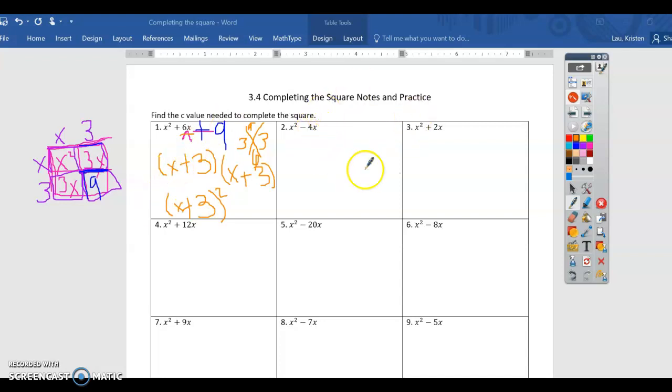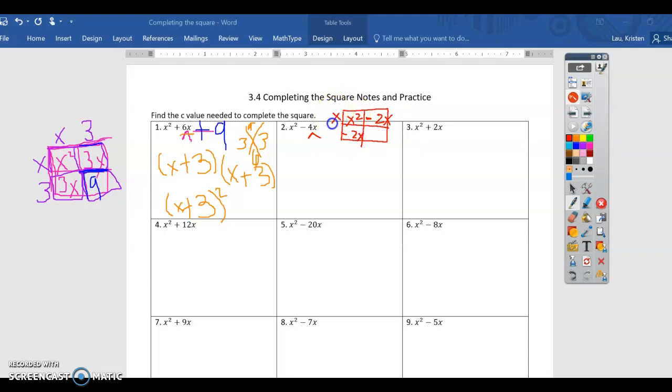Okay? So now we're going to try it again. So now I have x squared minus 4x. Okay? So x squared goes in the top box. I want to split these up evenly between these two boxes. So half of negative 4 is negative 2x and negative 2x.